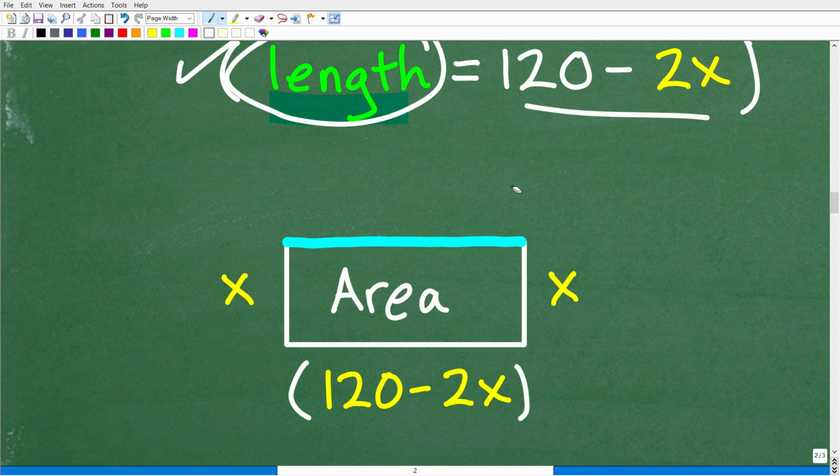All right, so again, what we want to do here is find the area of this enclosure, and the area is equal to the length times the width. So in this case, it would be x times 120 minus 2x. So we need to maximize this.